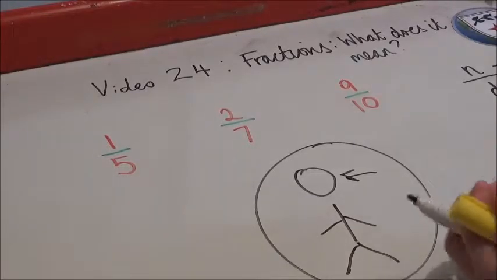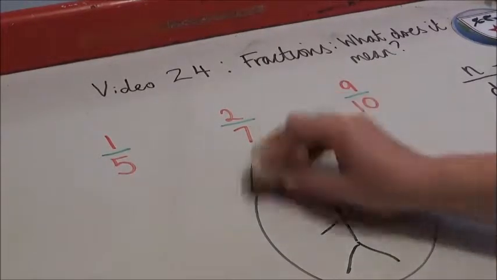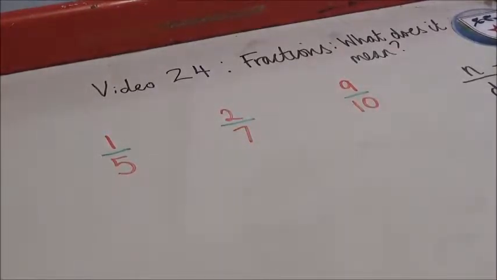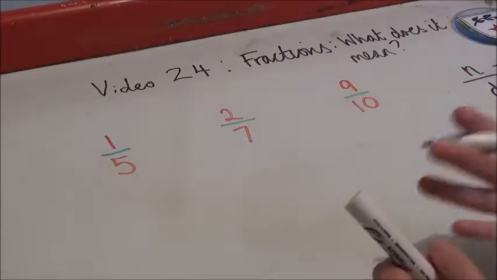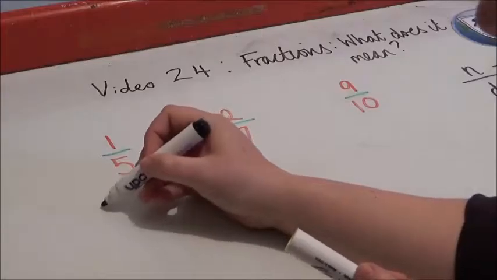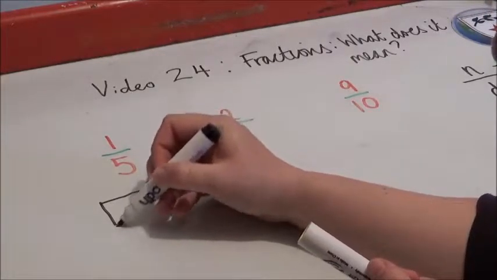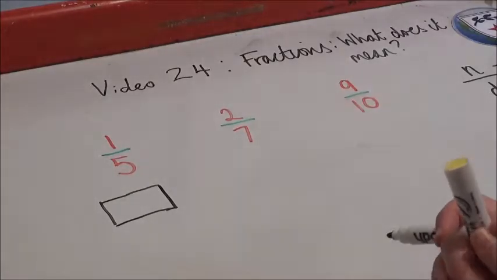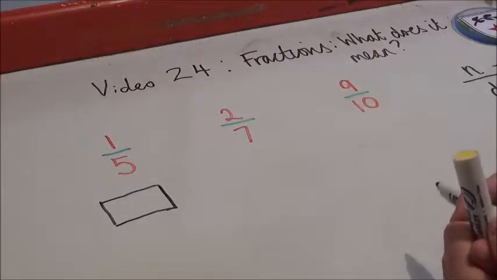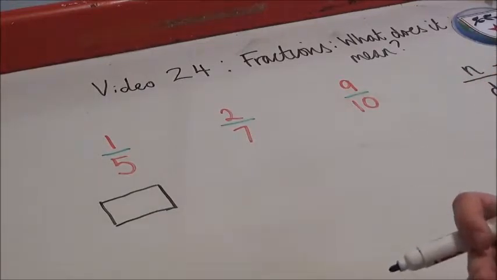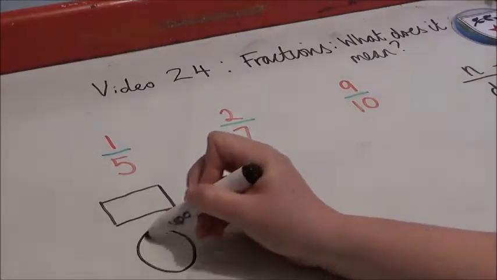However, that's not technically true because a fraction is an equal part of a whole and my head is definitely not in proportion with the rest of my body. So I'm going to draw this out so it makes a little bit more sense to you. Here is 1/5 and I'm going to draw one whole rectangle. Now you might see in books, on the internet, or people drawing fractions out for you, that people draw fractions as a circle.